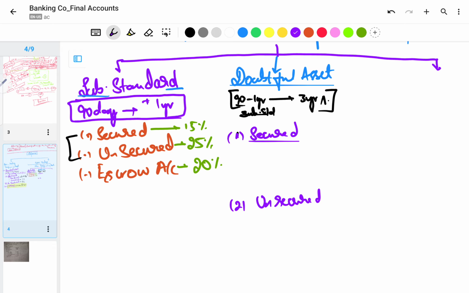But under the secured category, we classify based on timeline: up to 1 year is one category, the next category is 1 year to 3 years, and more than 3 years. Is it clear? Based on this, provision needs to be created.